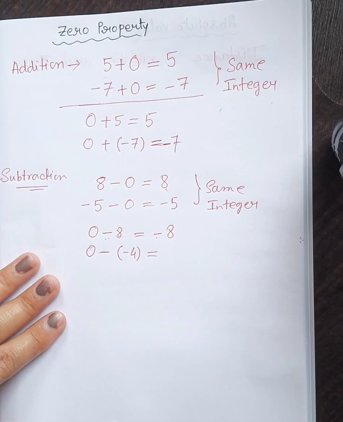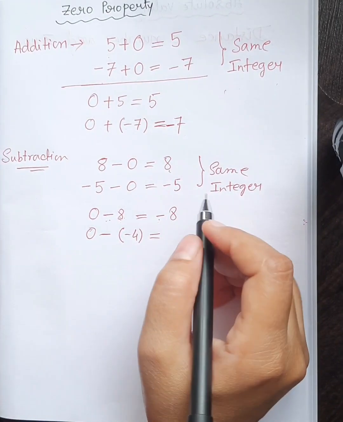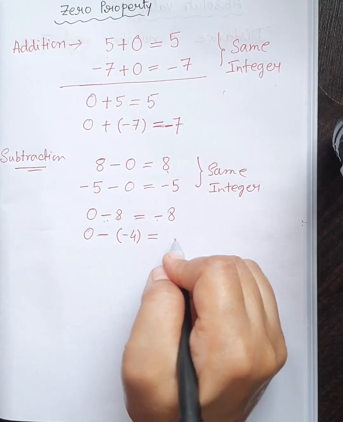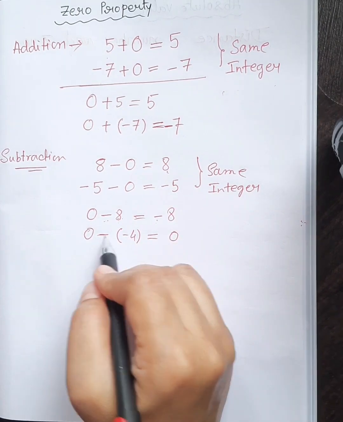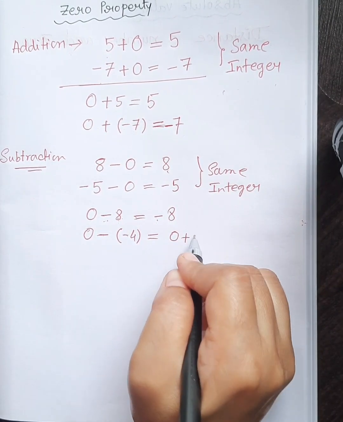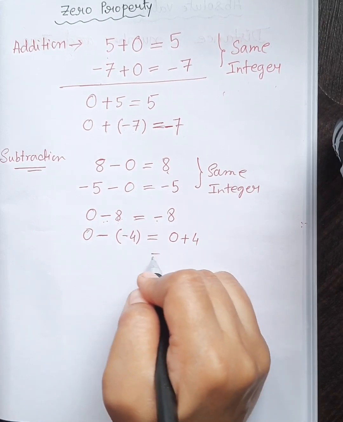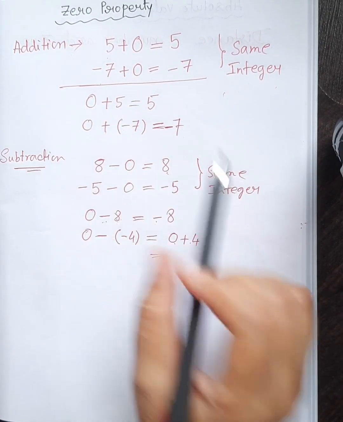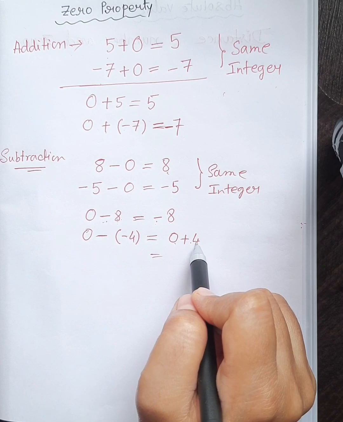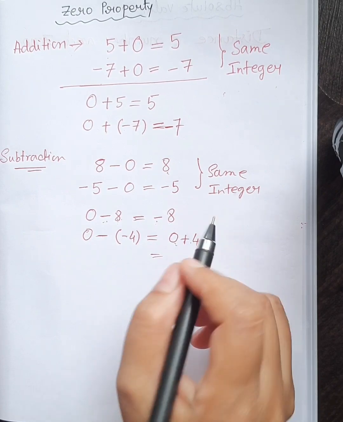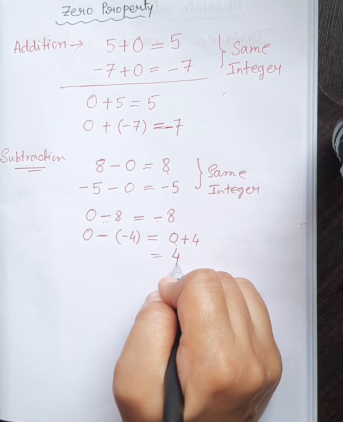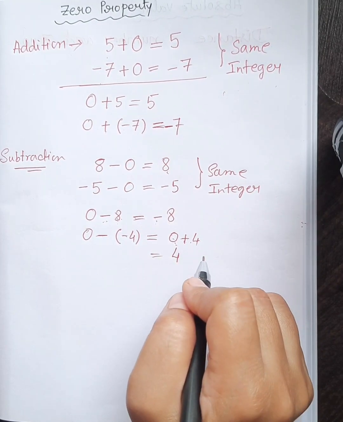Okay. Now, how do I solve this problem? 0, clear? Now, minus minus we know plus 4, and 0 plus 4 we know any integer when added with 0, then we get the same integer, that means 4. 0 plus 4.